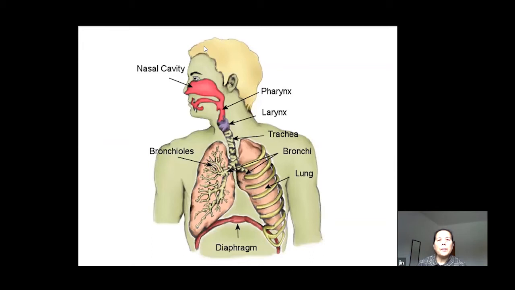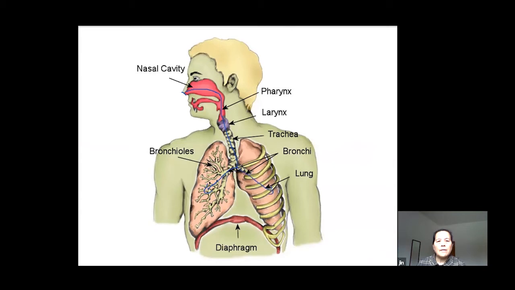Generally speaking, that's the respiration system here. The first step starts from here, and all the air goes in and is sent to the lung, certainly both sides of the lung.